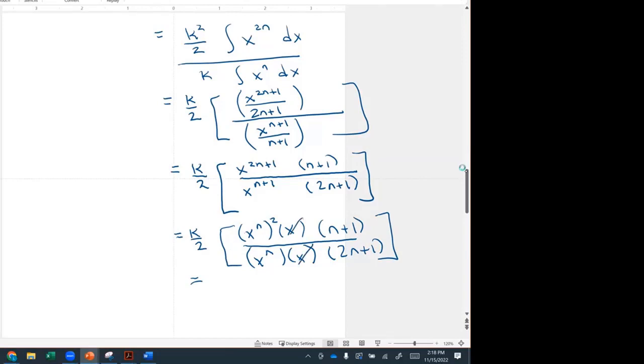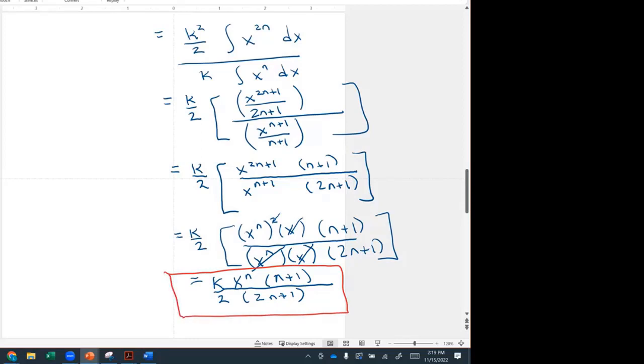I can cancel one of the x to the n's. And I end up with k over 2 times x to the n times n plus 1 divided by 2n plus 1. This is actually my y bar. Because I don't know any values, I can't give you a number, but this is y bar.